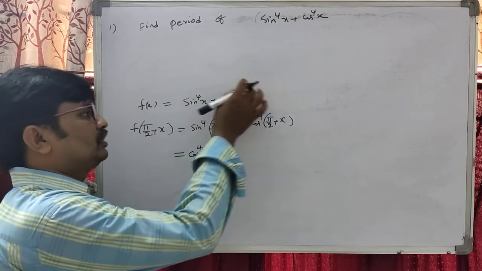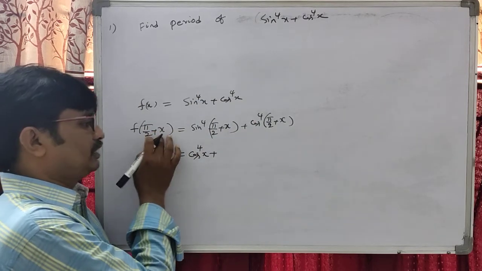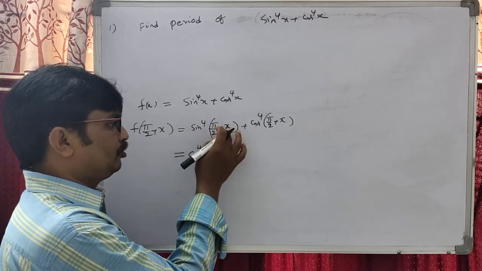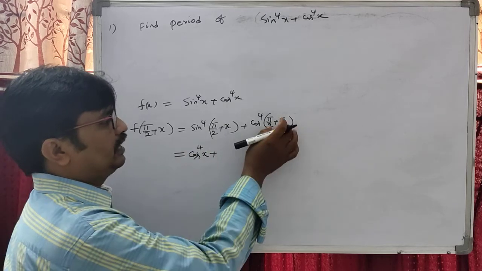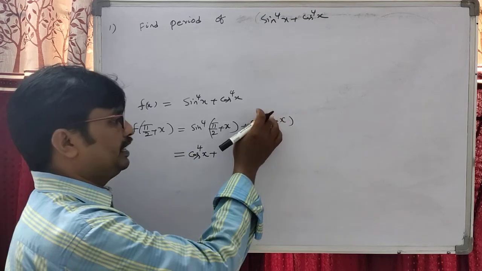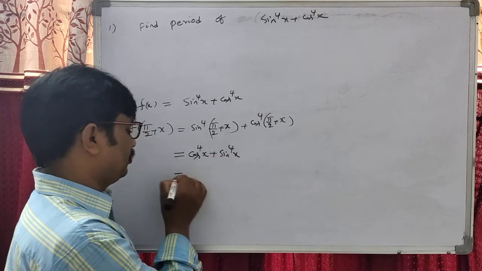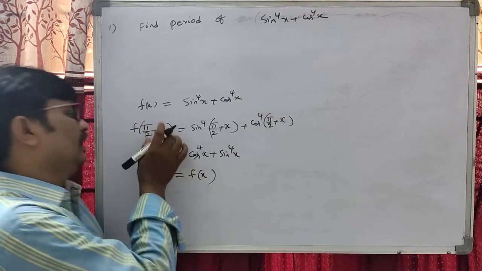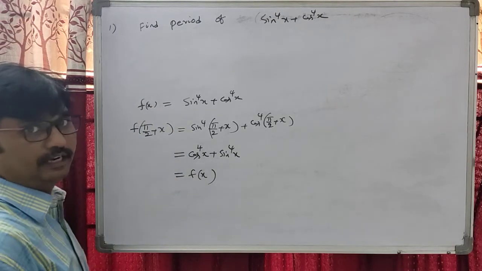But when the powers are equal, you can replace x by pi by 2 plus x. Sin of pi by 2 plus x is cos power 4x, and cos of 90 plus x is minus sin x, and power 4 makes it plus, so this is also sin power 4x. So f of 90 plus x is f of x, that is, f of pi by 2 plus x is f of x.